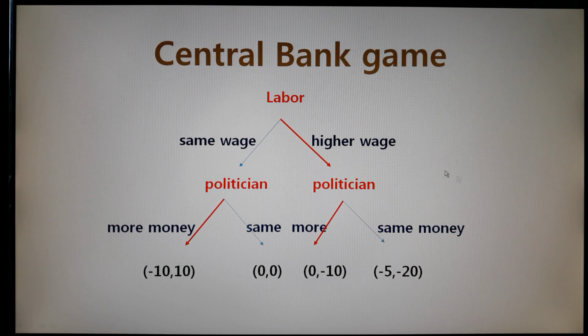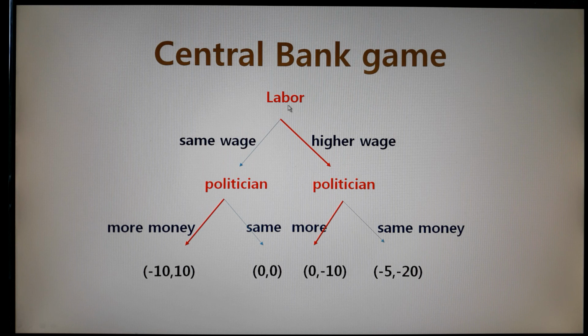However, from the labor point of view, more money would cause inflation. So if they increase their wage 1% and more money causes 10% inflation, actually the labor wage would decrease by 9%. So they always want to increase their wage more than the inflation.